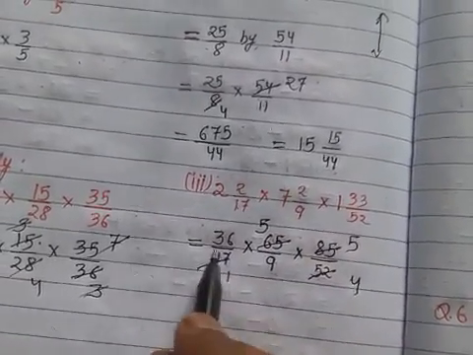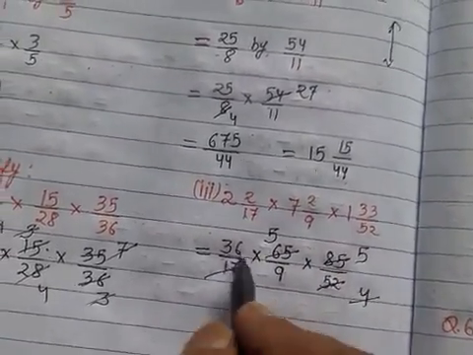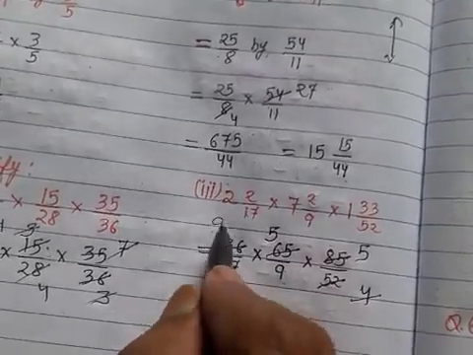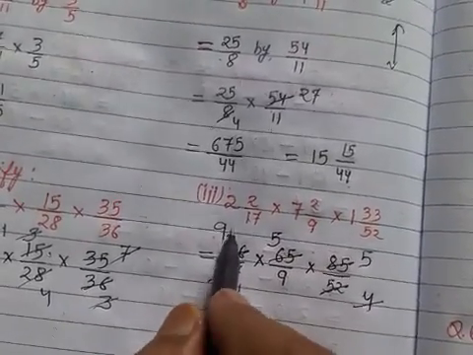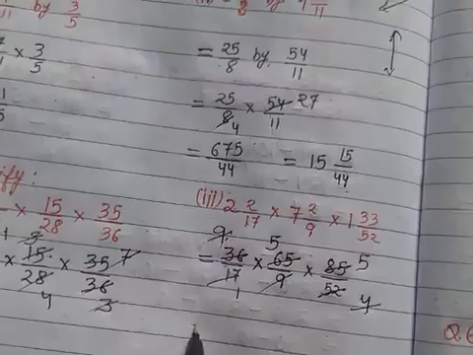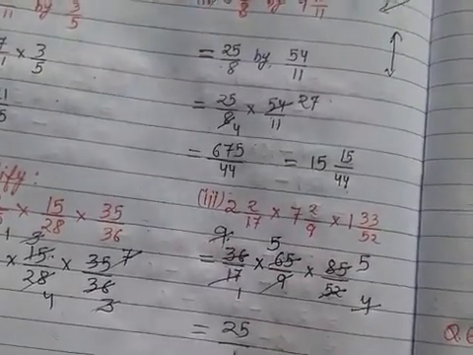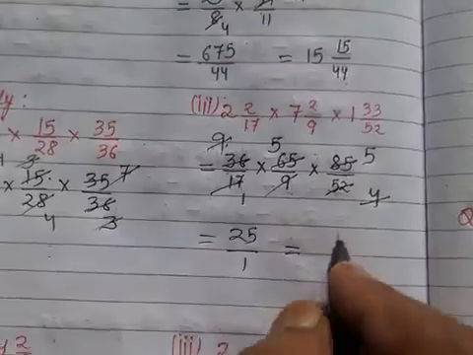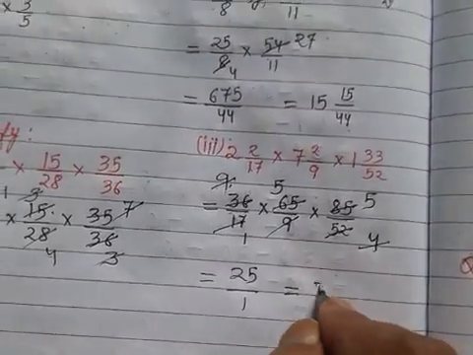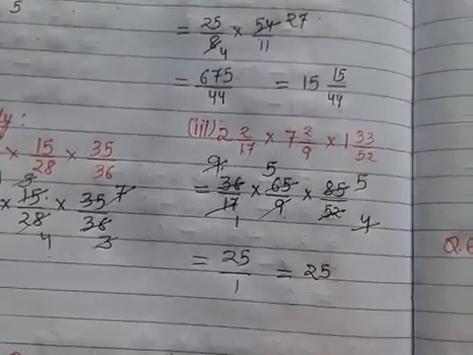Here 4 9s are 36, 9 9s also cancel, so the result is in the numerator 25 and in the denominator 1. So there is no value in the denominator with 1, so write here 25 simply, okay.